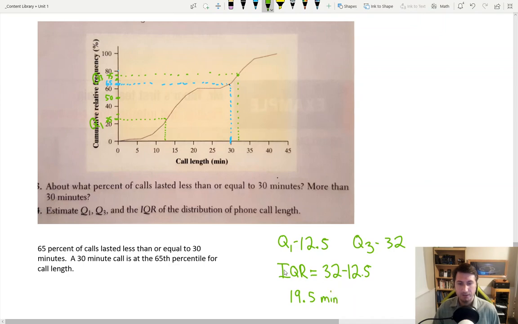So the interquartile range, the range of time between a 25th percentile call and a 75th percentile call, is 19.5 minutes. Anywhere between a 12.5-minute phone call and a 32-minute phone call. So that is how we can use a cumulative relative frequency graph to do some analysis. I hope that made some sense.